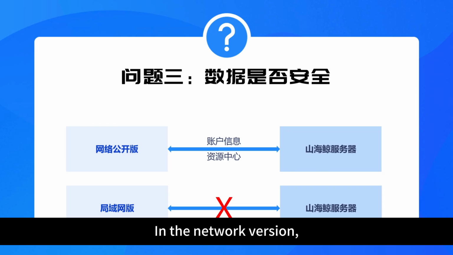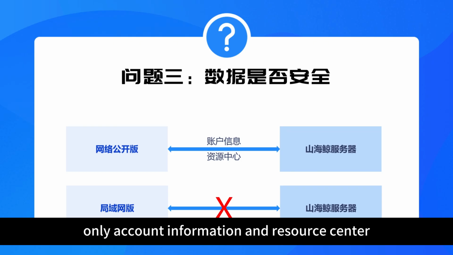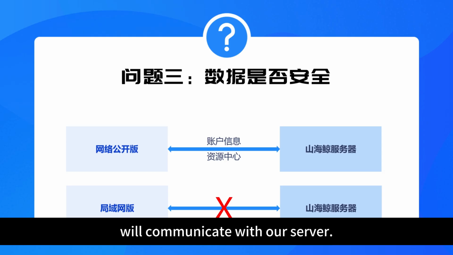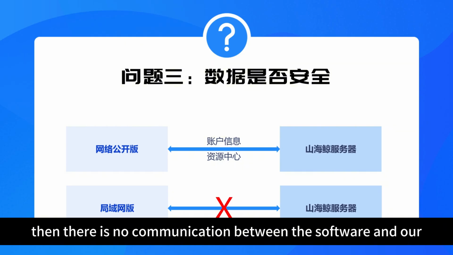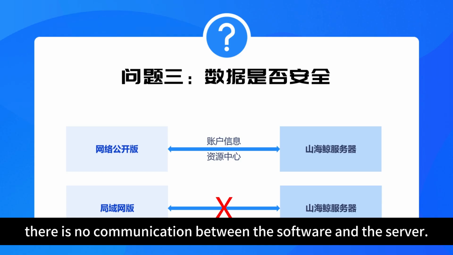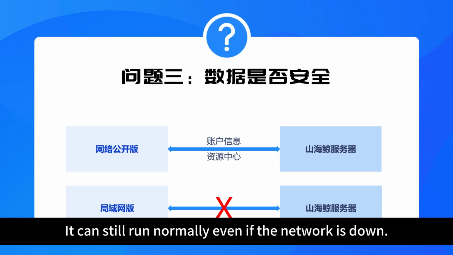In the network version, only account information and the resource center will communicate with our server. If you use the LAN version, there is no communication between the software and the server. It can still run normally even if the network is down.